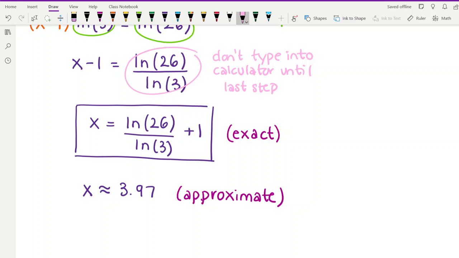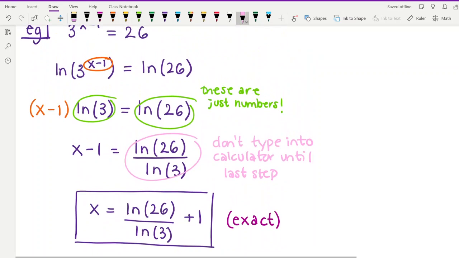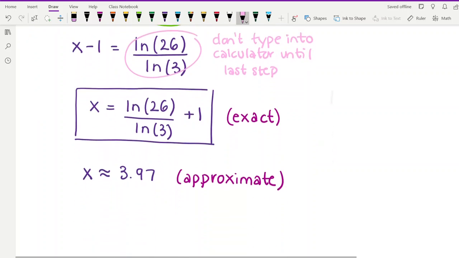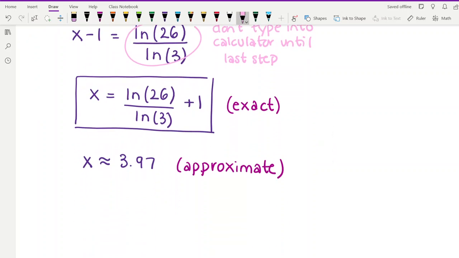And then the other one is that the earlier in the process you make an approximation, the more potential there is for the approximation to get further and further off. So for example, if you typed in ln of 3 and ln of 26 at this step, then when you go and divide those in the next step, that would make your answer even further off than it would be if you were to type them in all at once at the end. So just keep those numbers all with you until the very end.